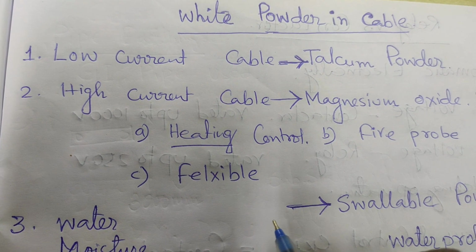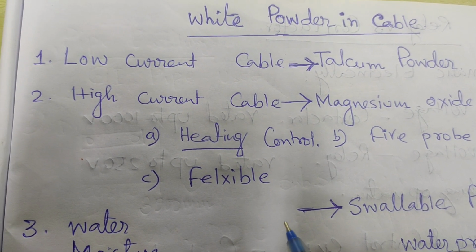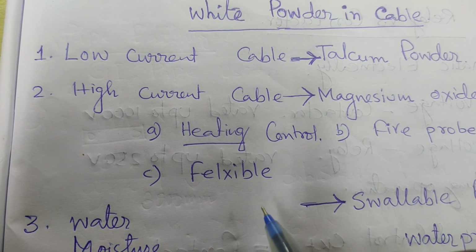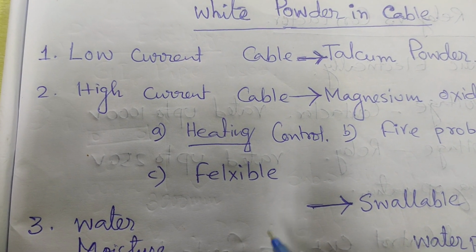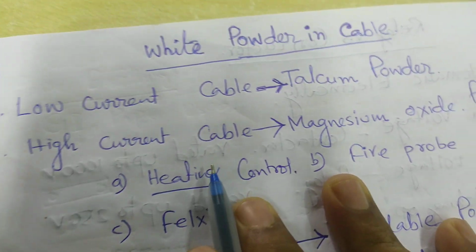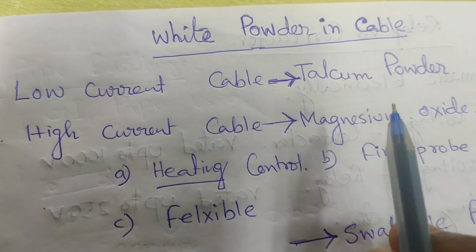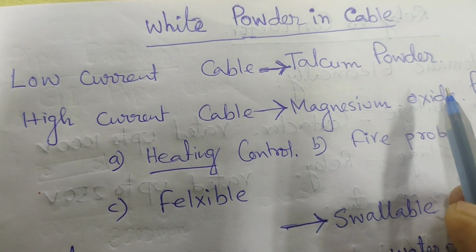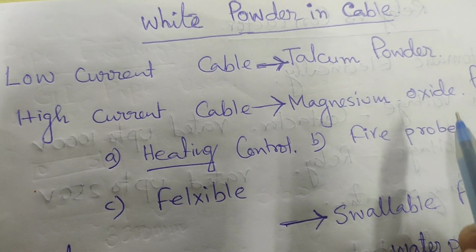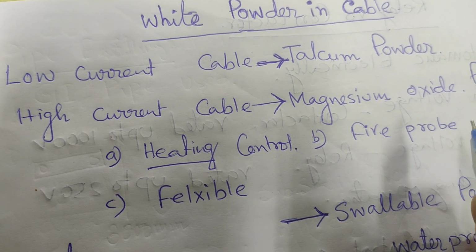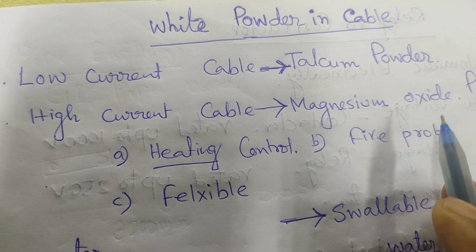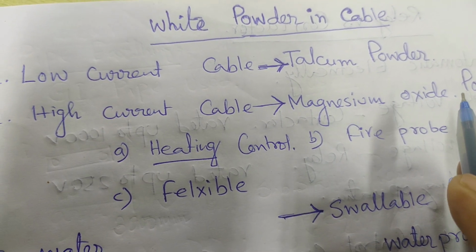Suppose we are using different cables for communication purposes, for computer, printer, monitor, different low current cables. If you open the cables, you can easily see that some powder is present between the layers of the cables. What is the main reason for this powder?